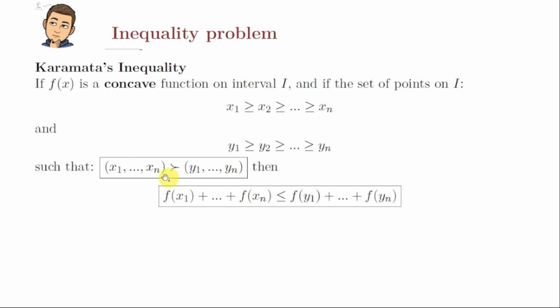I will explain what majorize means later. Then we have Karamata's inequality: f(x1) plus up to plus f(xn) is less than or equal to f(y1) plus up to plus f(yn).